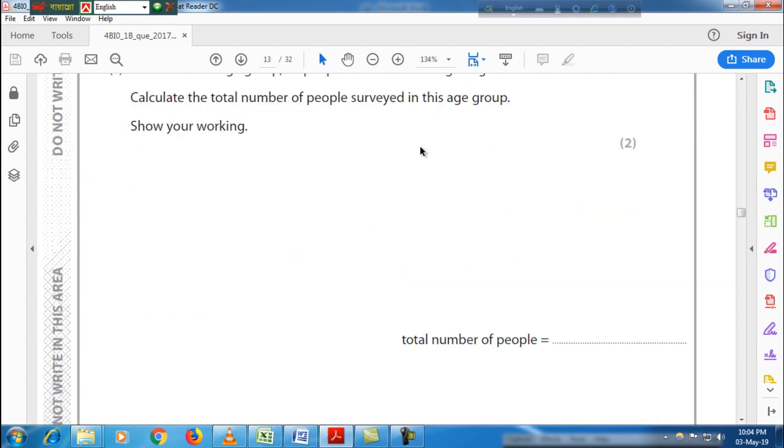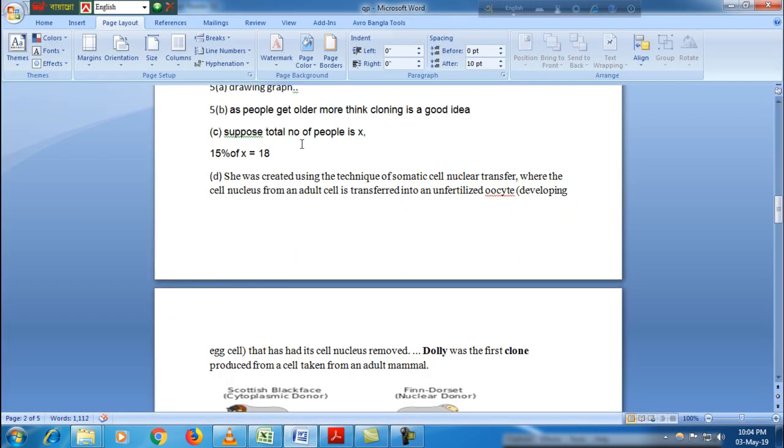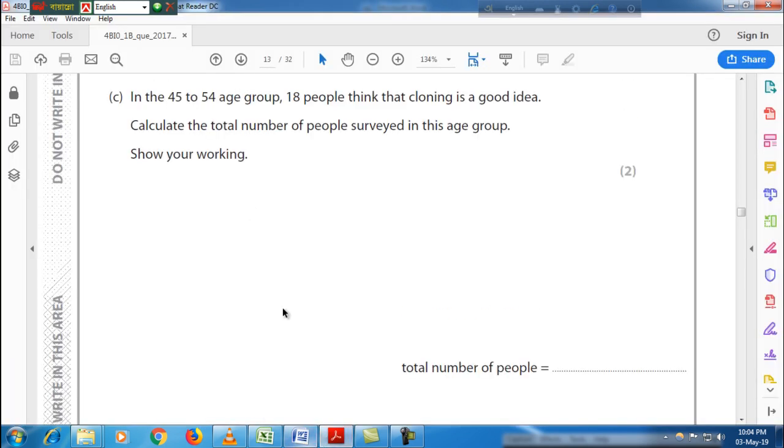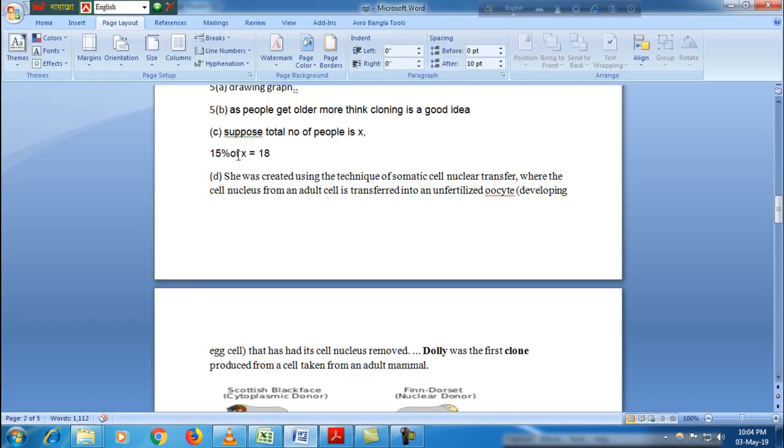So 15% of X is equal to 18. Now 15% means 15 divided by 100 into X is equal to 18. Now find the value of X. That will be the answer to your question. Very easy. It will be 120.